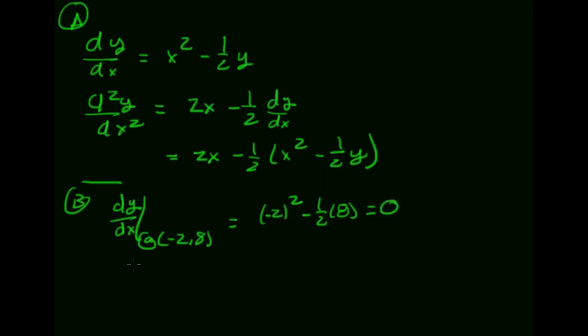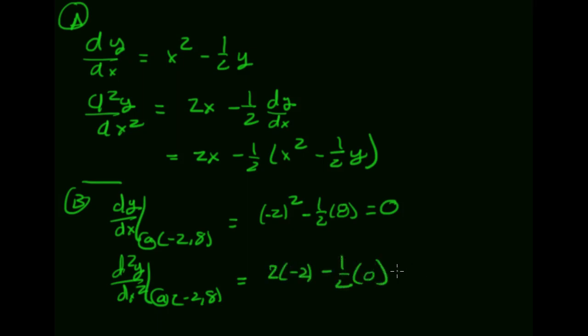And then the second derivative of y with respect to x at negative 2, 8 comes out as 2 times negative 2 minus 1/2 times the first derivative, which is negative 4. This one being positive, that one being negative, gives me local max at that value. So this is going to be a local maximum for this function.